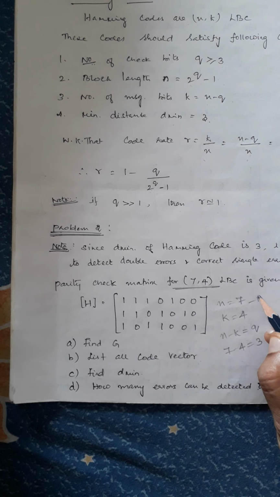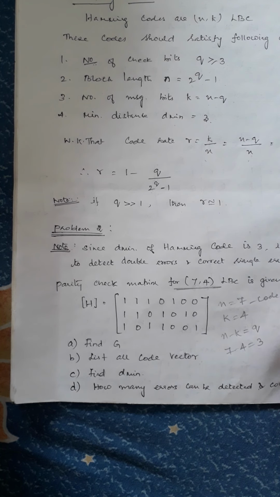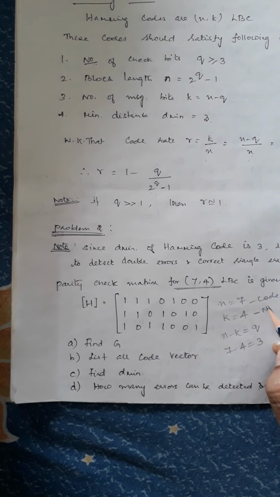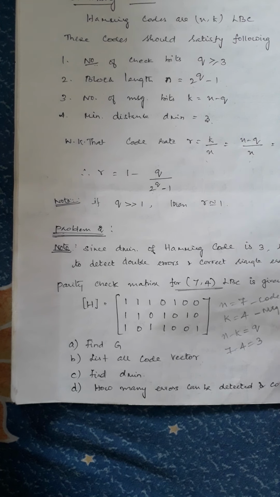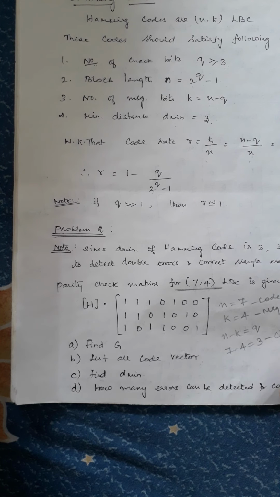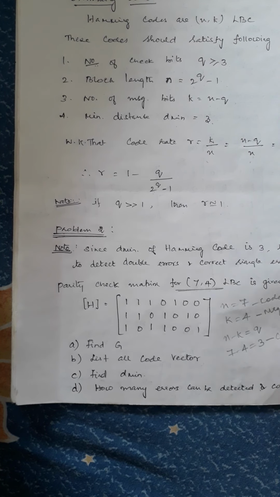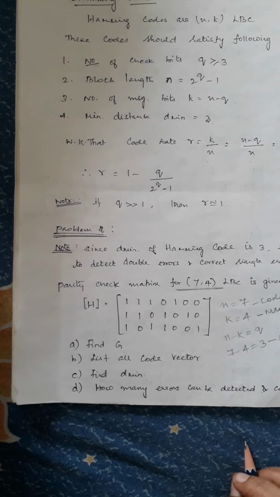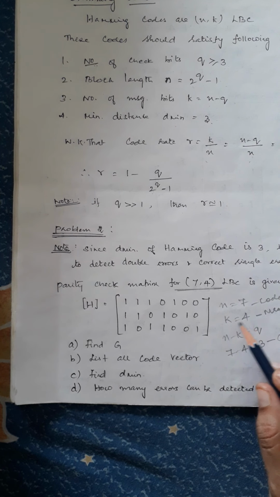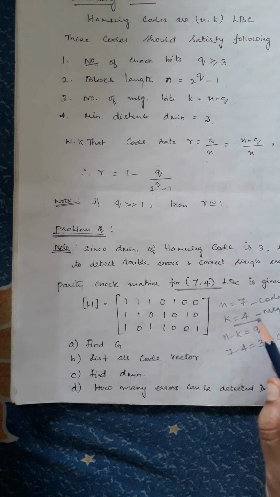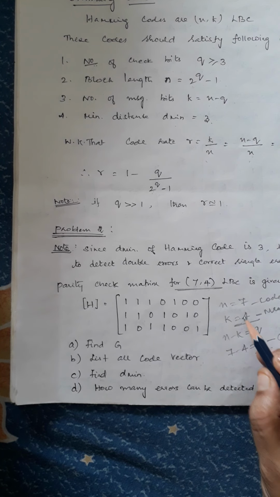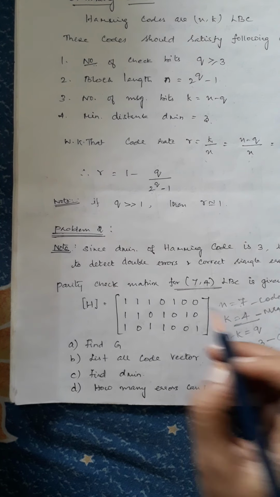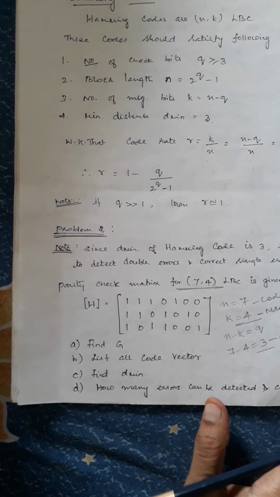So this is the code word length, this is your message bit, and this is the number of check bits you are going to add to the message bits. Appending the check bits to the message bits, 4 plus 3 will be 7. So it is (7, 4).